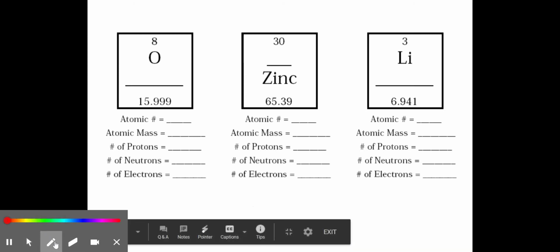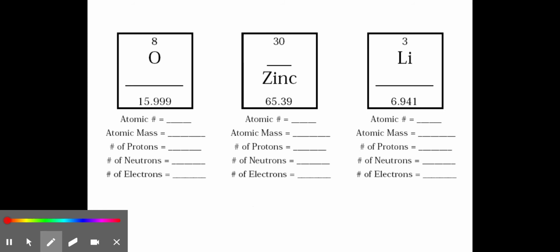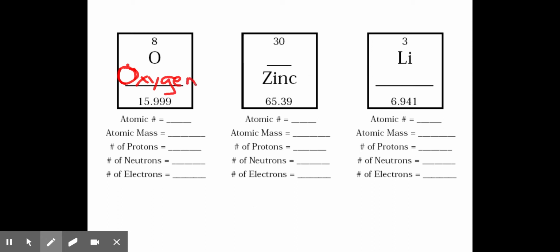Okay, so the first thing we do for these is we fill in what is missing inside the box. So for here, the first one, what is missing is its name, oxygen. Okay, so we fill that information in first. You can always refer to the previous slide or this video if you get stuck on anything. The next thing we need to fill in is its atomic number.